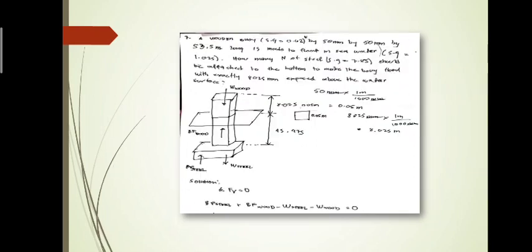Then the summation, that is the first formula: BF steel plus BF wood minus W steel minus W wood equals 0.